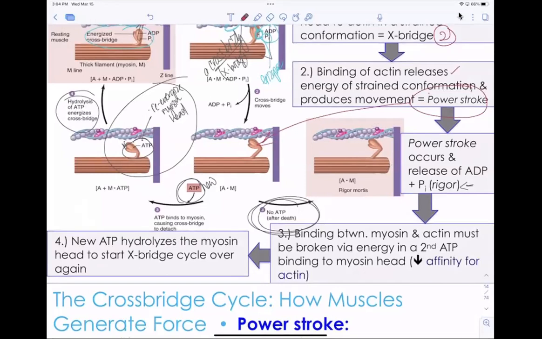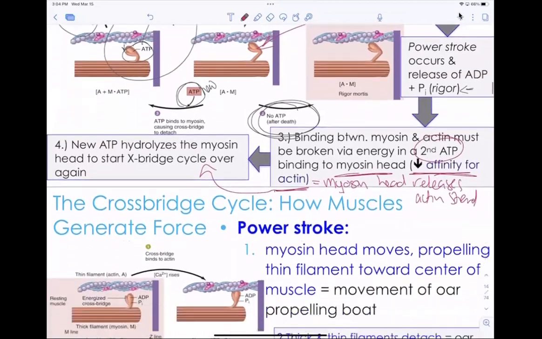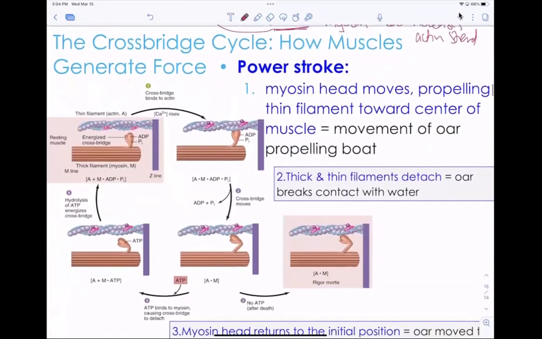You then have to have a new, second ATP bind to the myosin head to decrease the affinity of that myosin head for the actin strand, i.e. the myosin head releases the actin strand, and then that myosin head gets re-energized and can start the cycle all over again. So that's the cross bridge cycle.